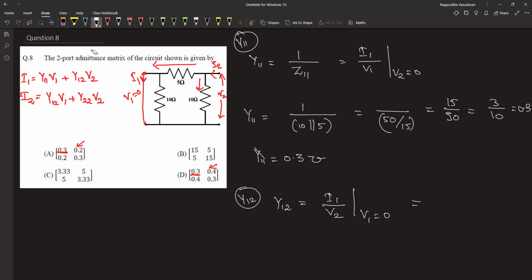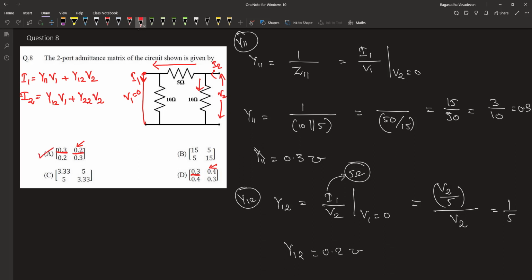I1 will be the current through the 5 ohm resistor, which is equal to voltage divided by the resistance. So this is V2 divided by 5 ohm whole divided by V2, which is 1 by 5. Therefore, Y12 is equal to 0.2. Therefore, option A is correct.